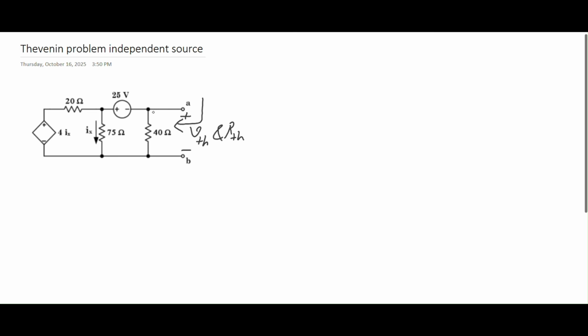The same method applies here to find the Thevenin voltage and Thevenin resistor, which is to turn off all the independent sources and try to find the Thevenin resistor. But what should we do with the dependent sources, with this 4ix? I'm going to solve it step by step. So let's start with the general concept to find R Thevenin.